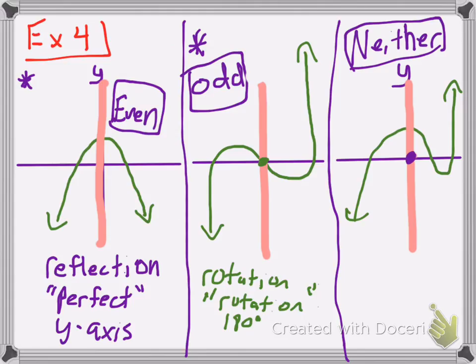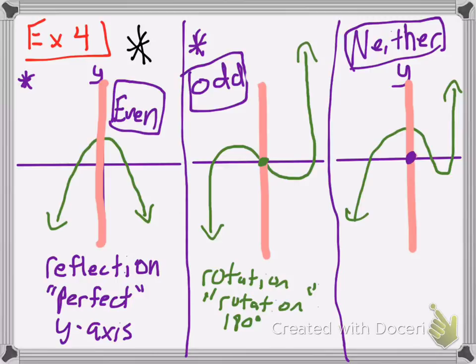Now, graphically, I just look at the even functions as being a perfect reflection along the y-axis. It's a mirrored image. Now, if it's not a mirrored image, I'm already thinking, if it doesn't look like it's cut in perfect half, symmetric in this section here, well, it's got to be odd or neither.